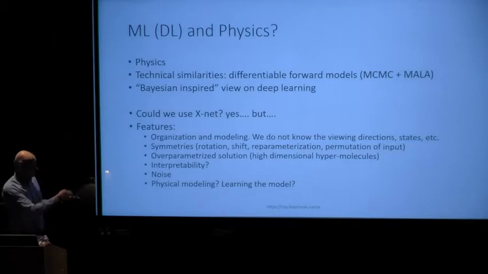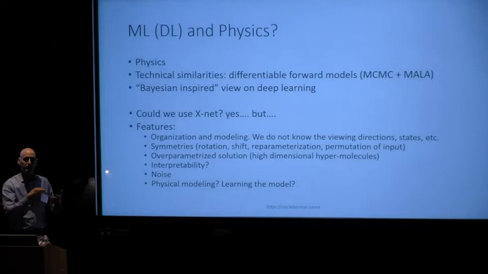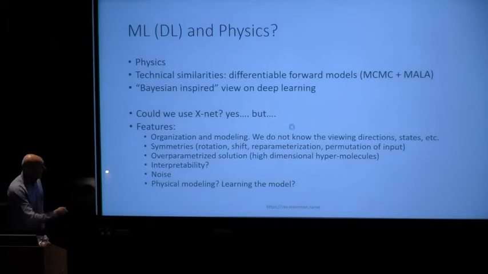There's a bunch of symmetries, rotations, shifts, reparameterizations, permutations of the input that I think came up in many of the talks. We can look at it as a very over-parameterized solution, partly because of these symmetries, or we can build more models that come from the physics of the problem. A lot of this is about interpretability, right?